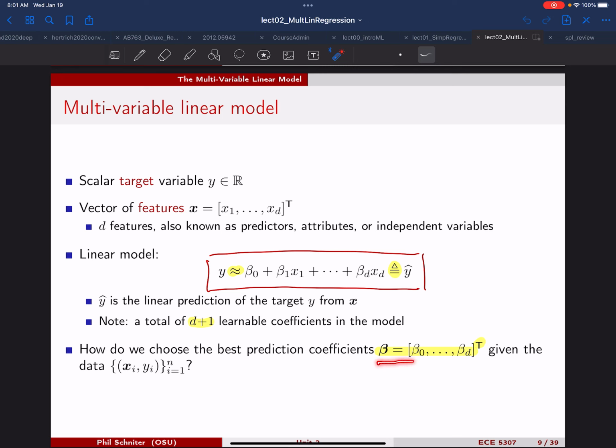And what we can do is stack them all into a vector, boldface beta, because that's a much more concise way of representing our unknown parameters. So our objective is to use our data set, which are these pairs xi, yi, where i goes 1 through n. These xi's are vectors of this form, where each of those vectors has features 1 through d, but there's also a subscript i here, right?